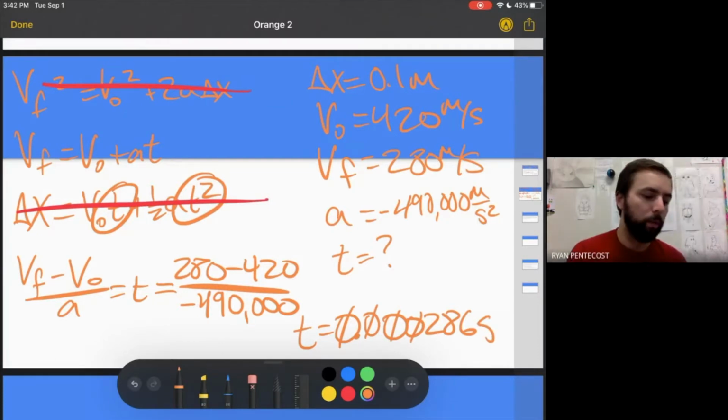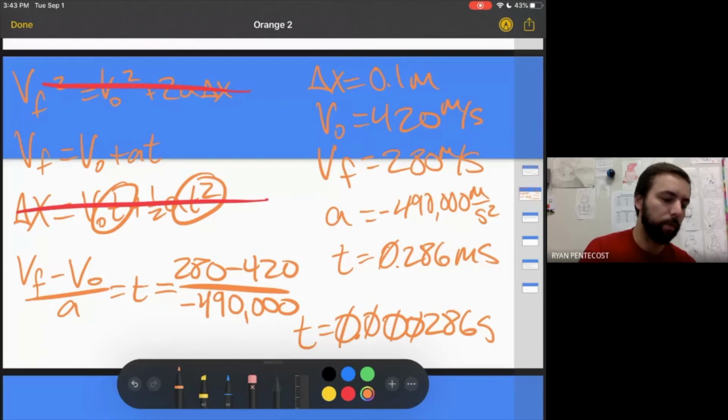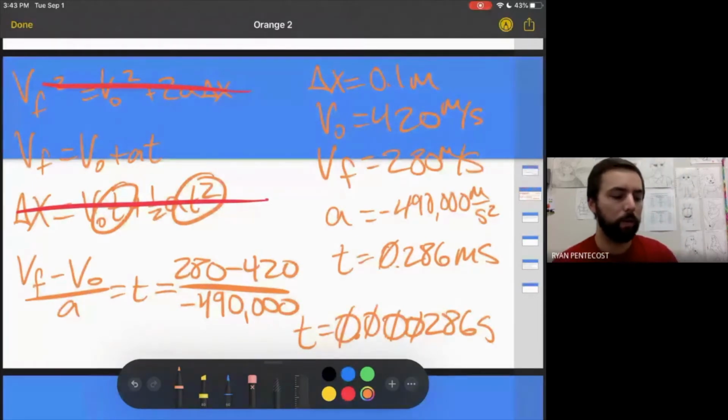Seconds. So 0.000286 seconds. When it's such a small number like that, I would use a metric prefix. So we're going to use milliseconds. Cut off 3 of those zeros, we can say that's 0.286 milliseconds. Either of those is going to work as our answer.